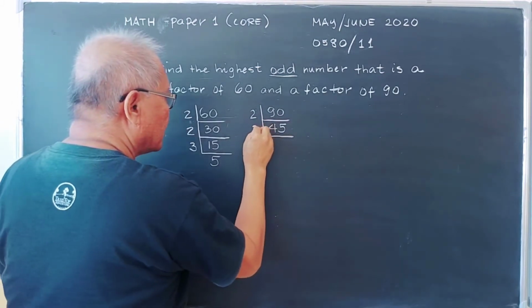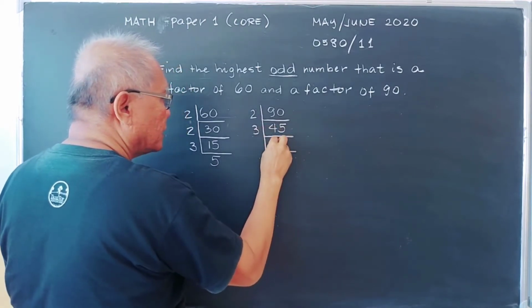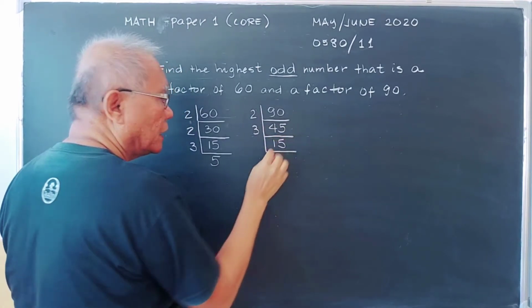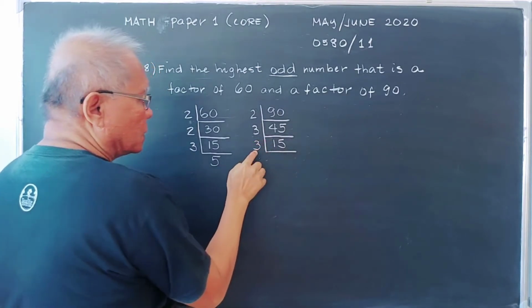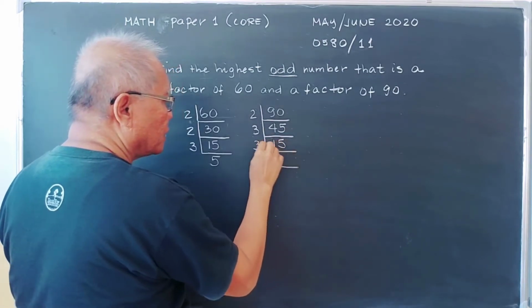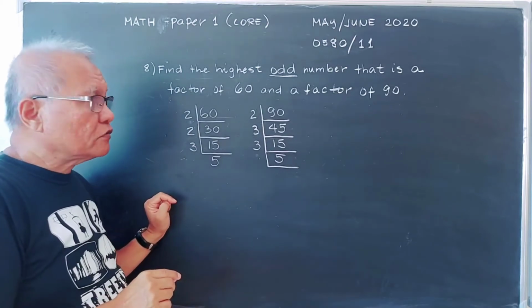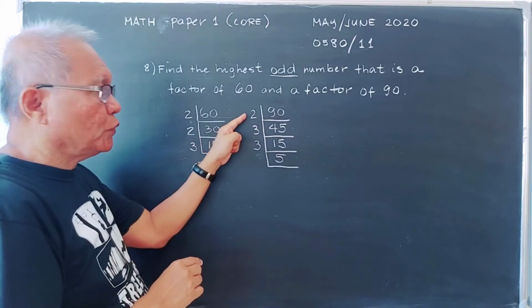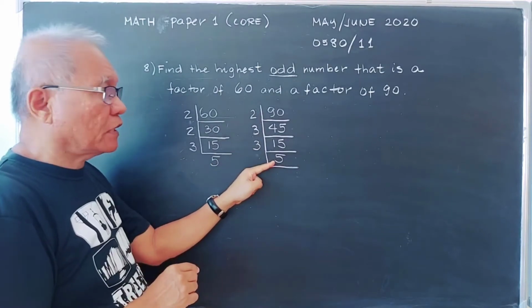So 45 divided by 3 is 15. And 15 can still be divided by 3, so 15 divided by 3 is 5. So the prime factored form of 90 is 2 times 3 squared times 5.